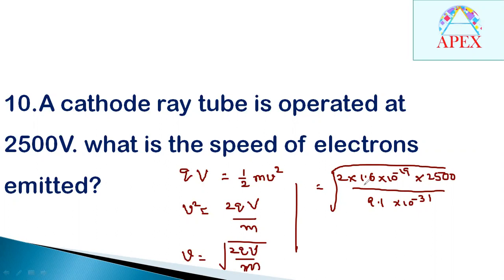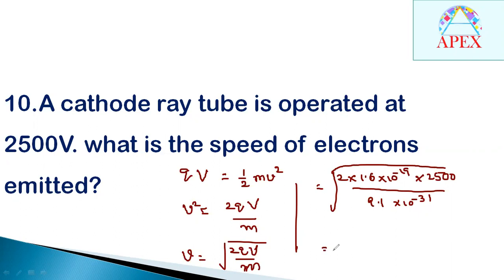And here 3.2 into 2500, nearly 80 only. 80 by 9.1, that is nearly equal to 9 only.